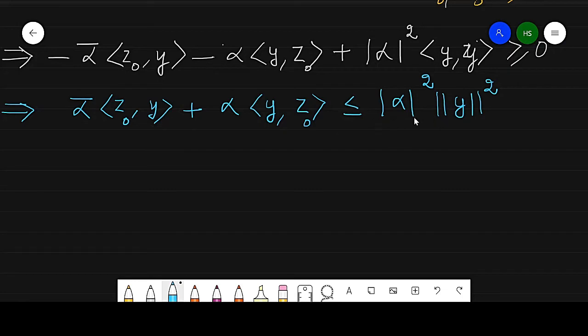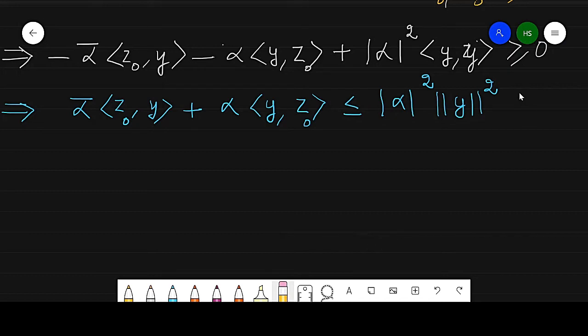Also if we take it to this side, this can be written in terms of minus, plus the norm of y whole square. So we have many ways to write this equation.